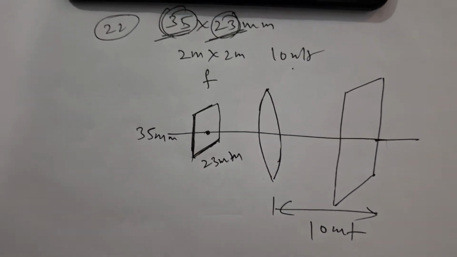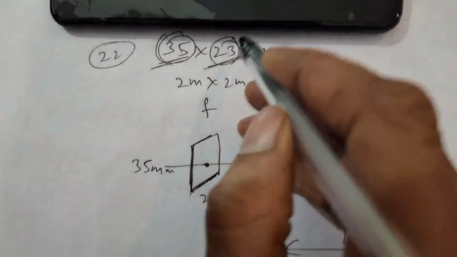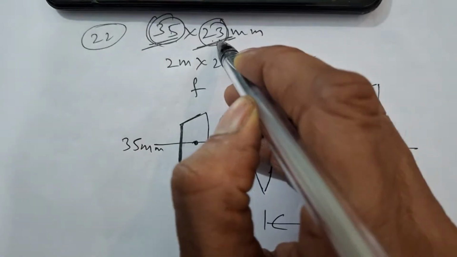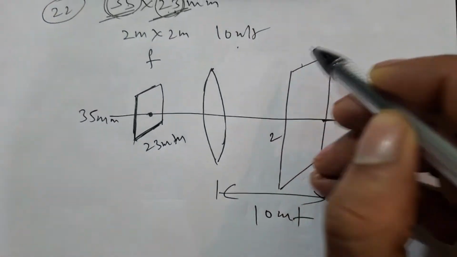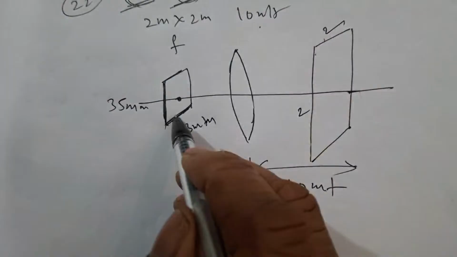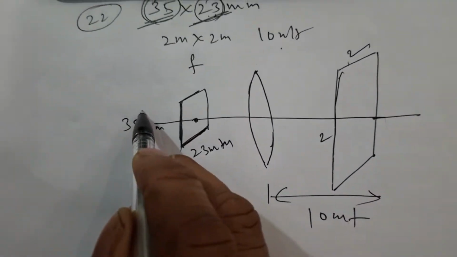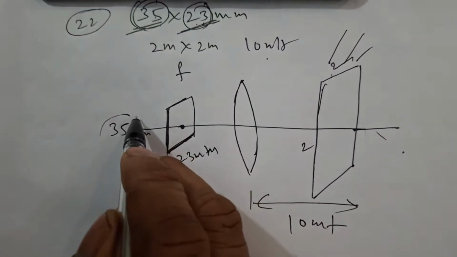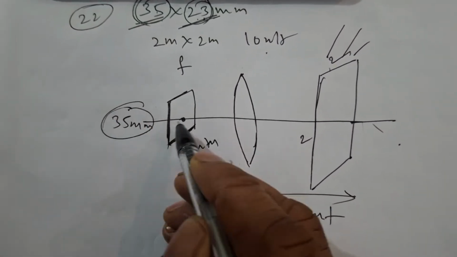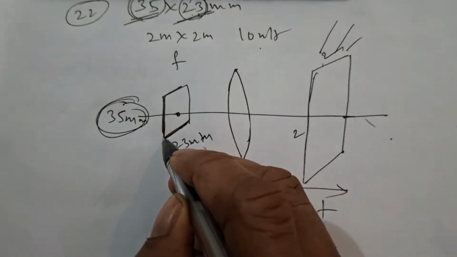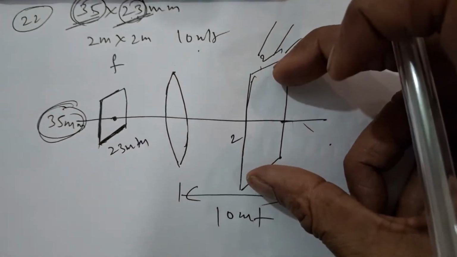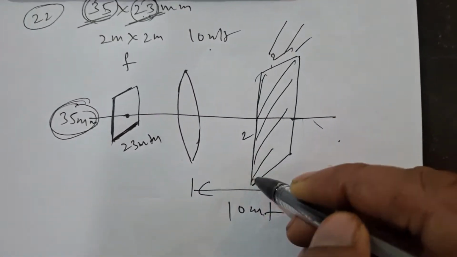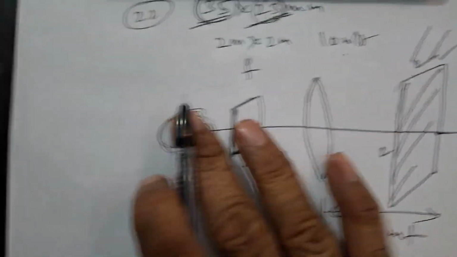If you project 23 on 2 by 2, then 35 is out of the wall. So it's better to project 35. If you project 35, then 23 is present in the wall of 2 by 2 dimension. So take 35 as the height of the object.